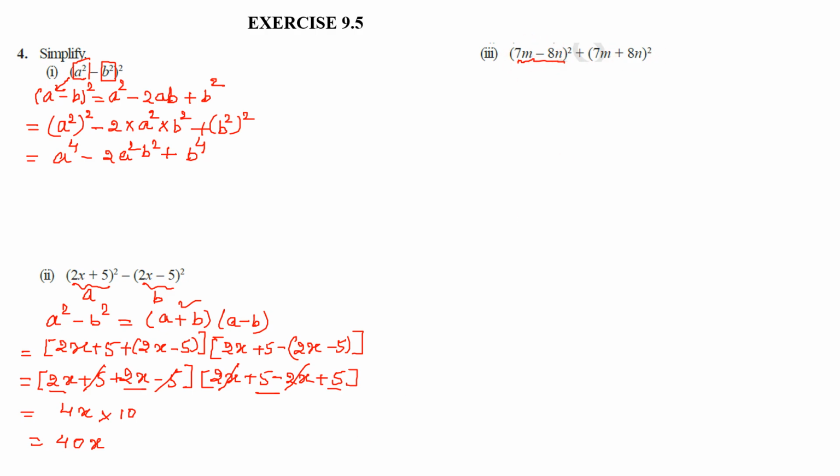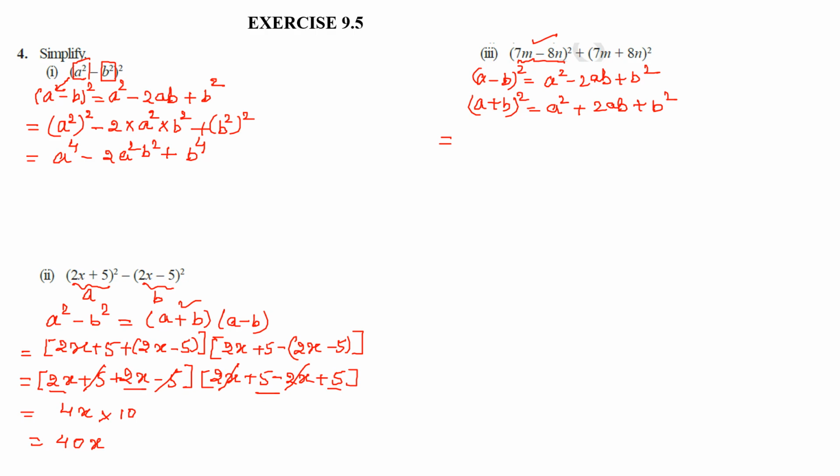So (a minus b) whole square will give me a square minus 2ab plus b square, right? And (a plus b) whole square will give me a square plus 2ab plus b square. Now let's use (a minus b) whole square in the first expression.